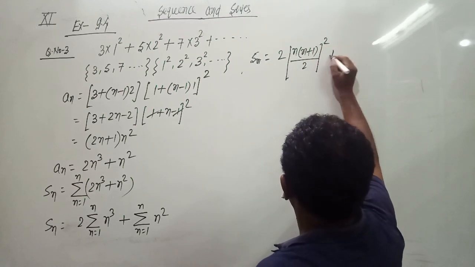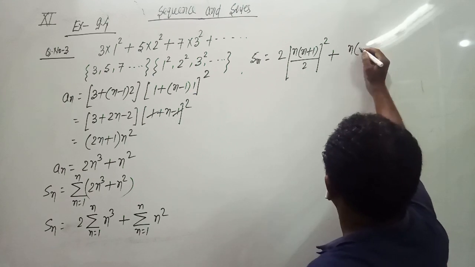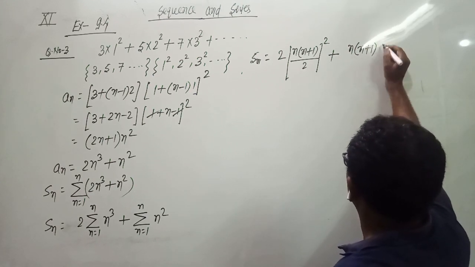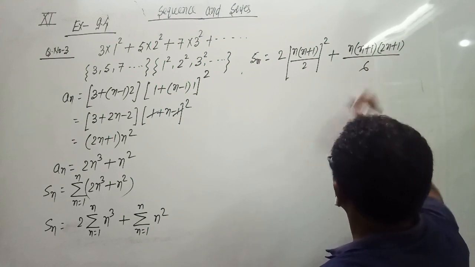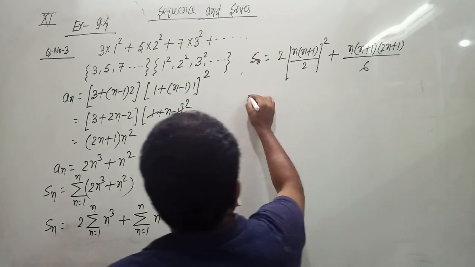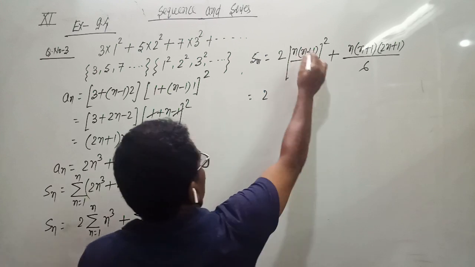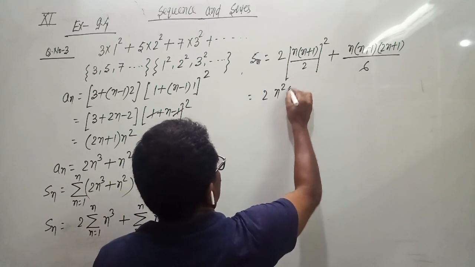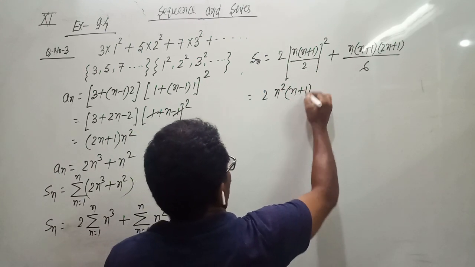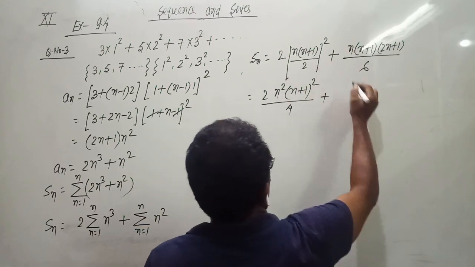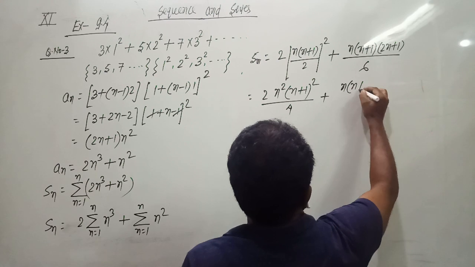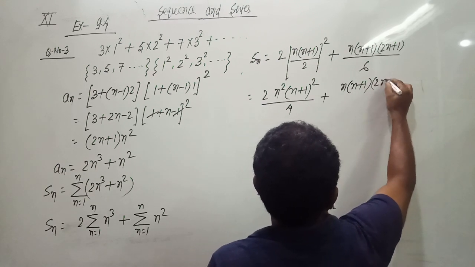Its value is n into n plus 1 into 2n plus 1 upon 6. So to remove the bracket, n square into n plus 1 the whole square upon 4, 2 the square 4, and n into n plus 1, 2n plus 1 upon 6.